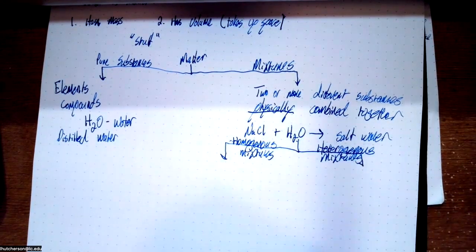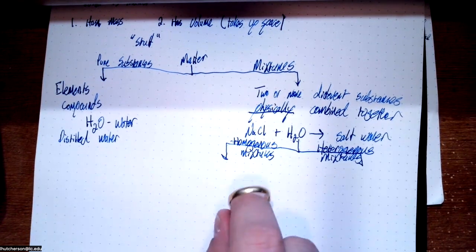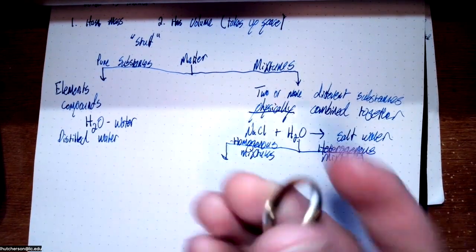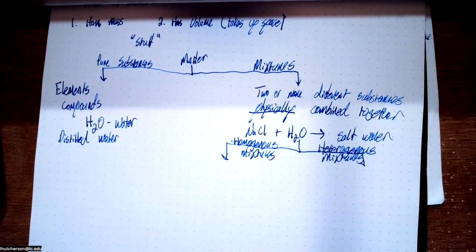Okay. So what do I mean by that? All right. I'm going to pull my wedding ring off. Okay, my wedding ring is made of 14 karat gold, right? 14 karat gold. Now, what does that mean?